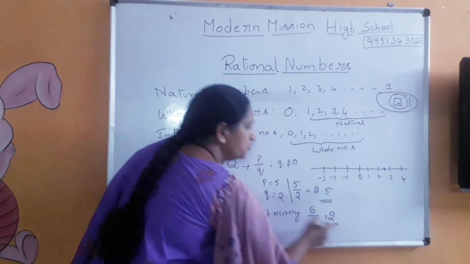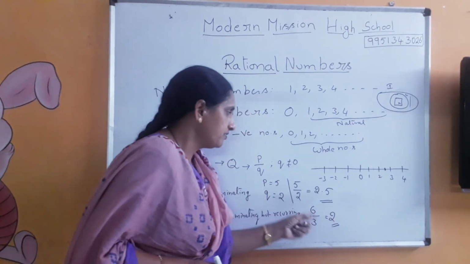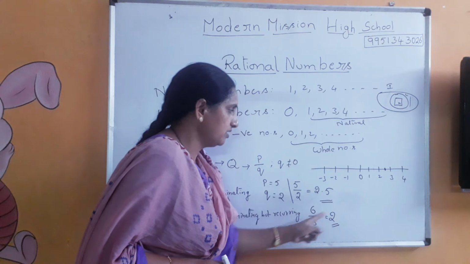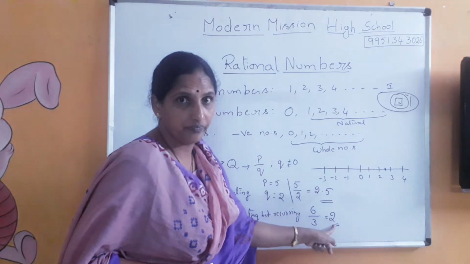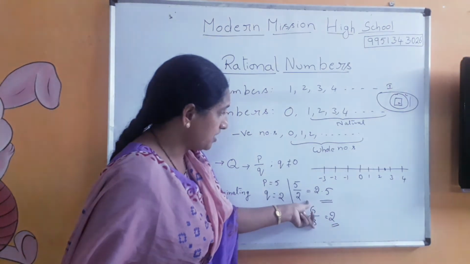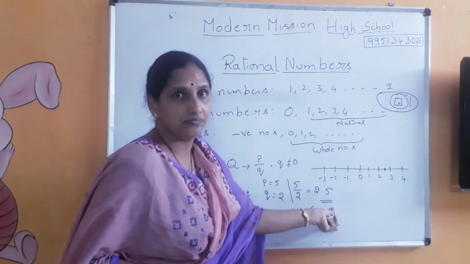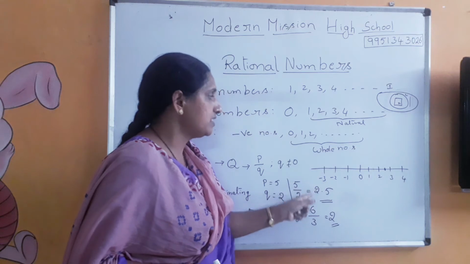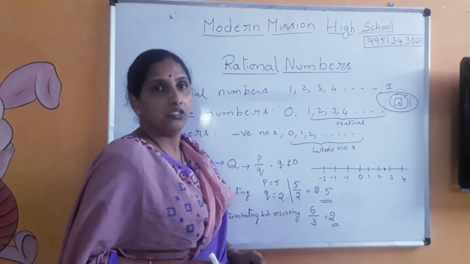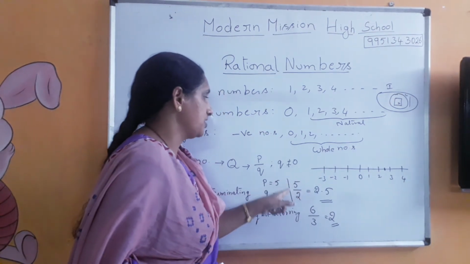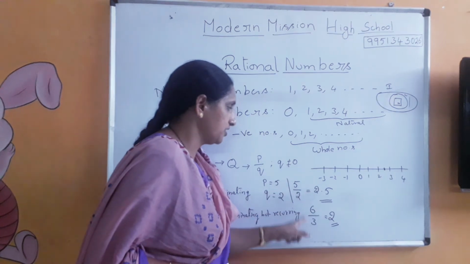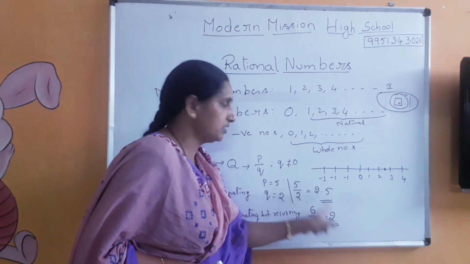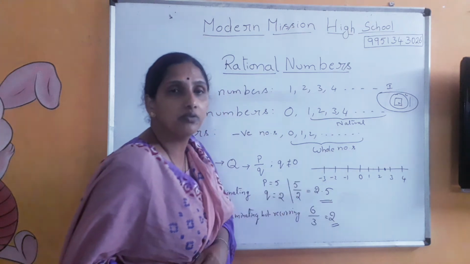So I got 2. No harm. This is an integer. That means a rational number is equal to an integer here. But 5 by 2 is not an integer, though it is a rational number. This rational number is equal to an integer, but this rational number is not equal to an integer.